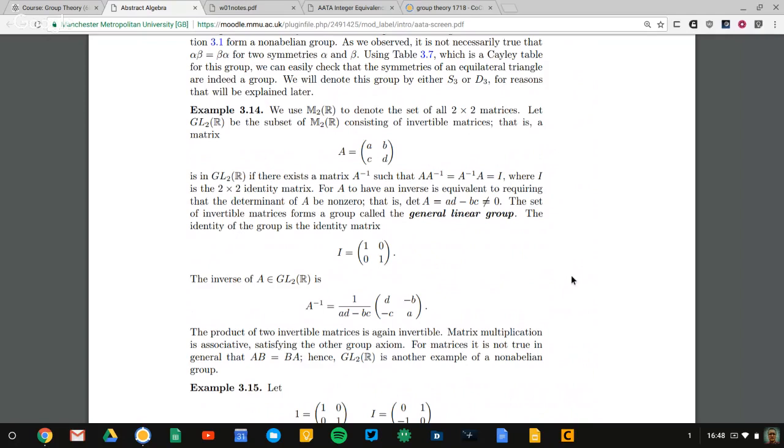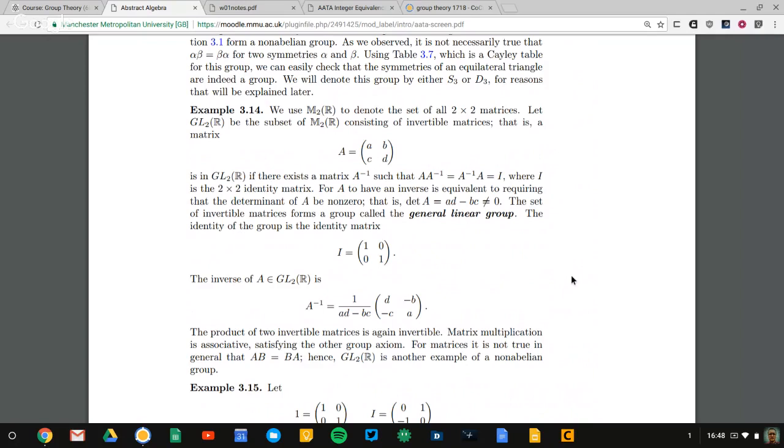This again is a group. There's an identity element. Certainly, the system is closed. If you multiply two 2 by 2 matrices with non-zero determinant, you get again a matrix with non-zero determinant. Remember, the determinant of matrices has this property, as I listed it there. The determinant of matrices is multiplicative.